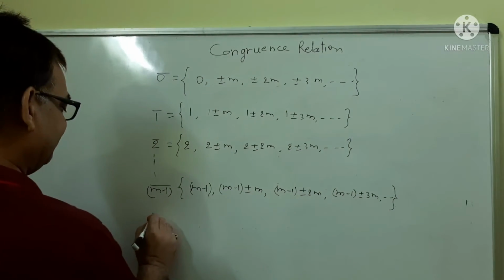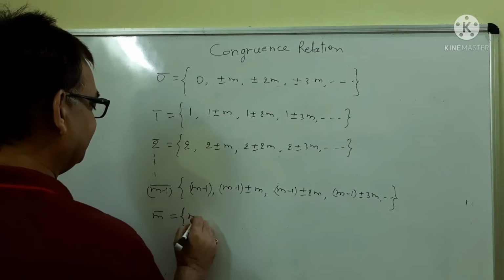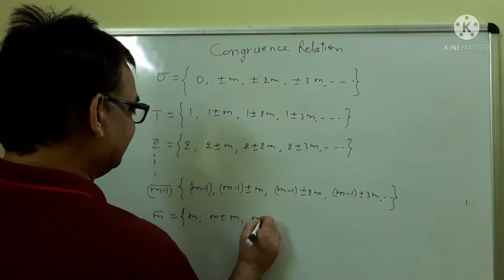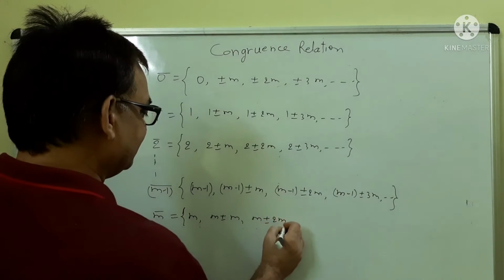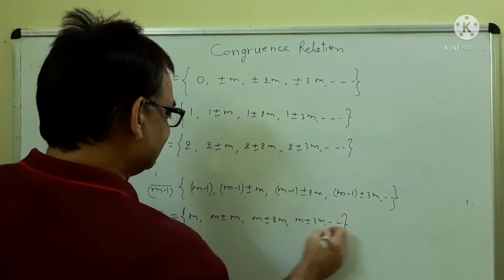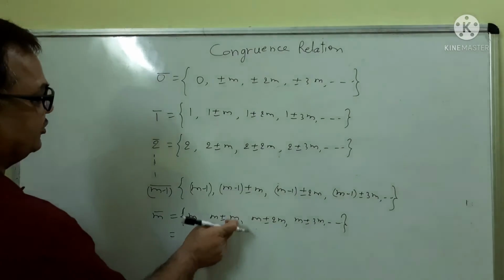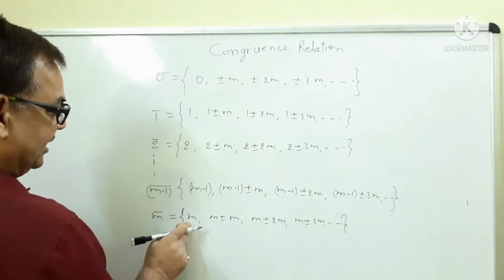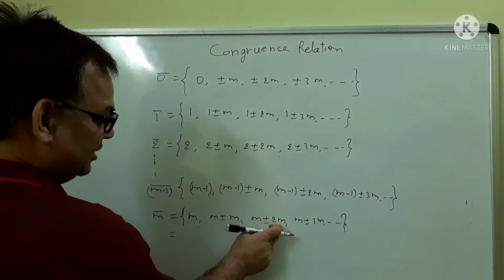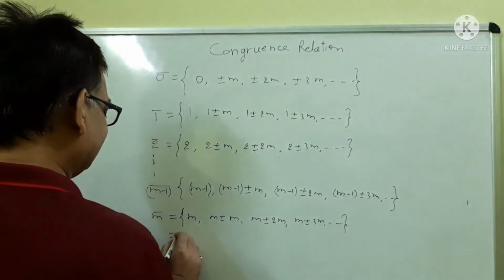We see that m bar is equal to m plus minus m, plus minus 2m, m plus minus 3m and so on. Here m minus m will be 0, m plus m is 2m, m minus 2m, again minus m, plus 2m, 3m. So this will become 0 bar.